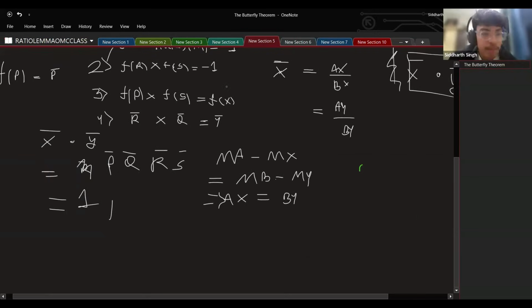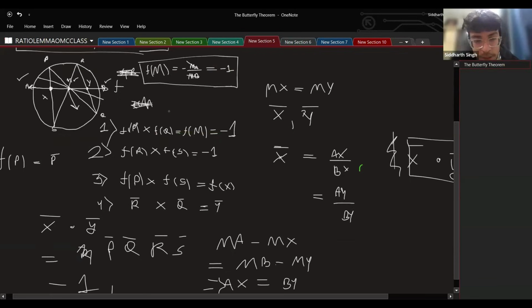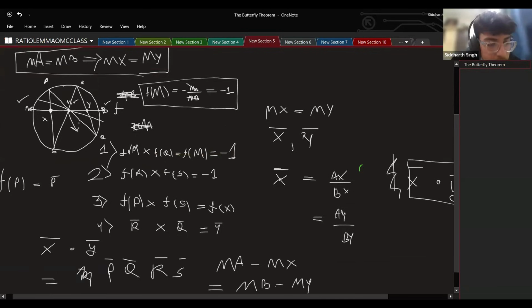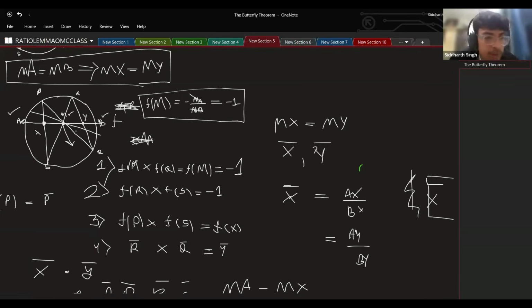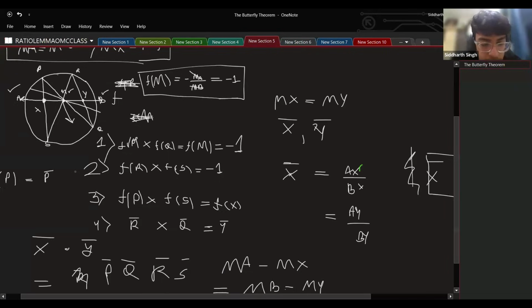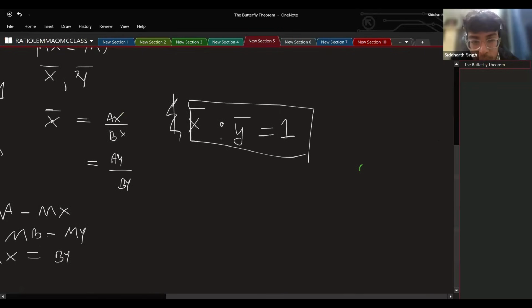Nice. So the main thing you should learn from this is the procedure. First we fix a line AB, then we find f of m, then we find f of all the points. Then we use the main ratio lemma theorem. Then we just find out what is to be proven. Can we write it in terms of ratio lemma?